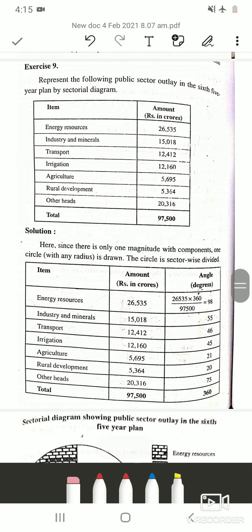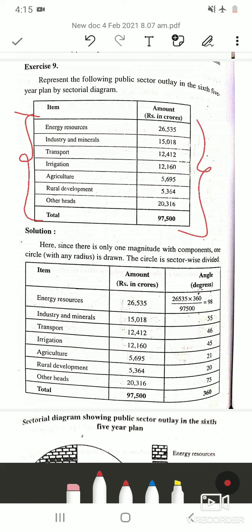So there is another example. Represent the following public sector outlay in the sixth 5-year plan by sectorial diagram, which is nothing but a pie diagram again. The list of items is given, and the corresponding amount is given.